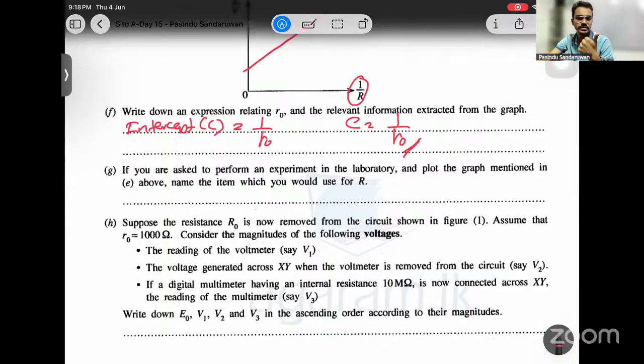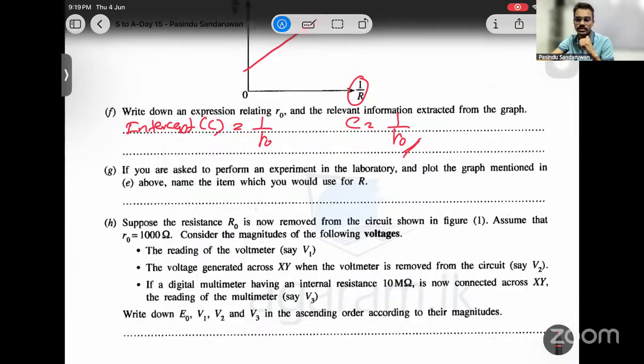One is the rheostat. Rheostat is used when you need to change the variable resistor to any value as you wish, all continuous values. And if you need to change R in finite or distinct values, for some given values, we use a resistor box.